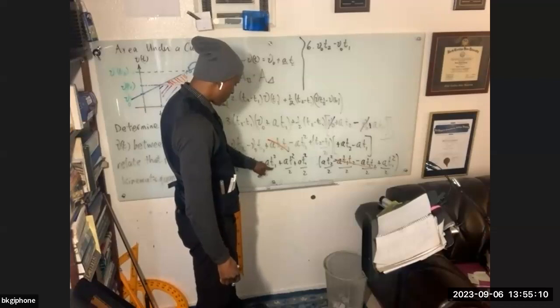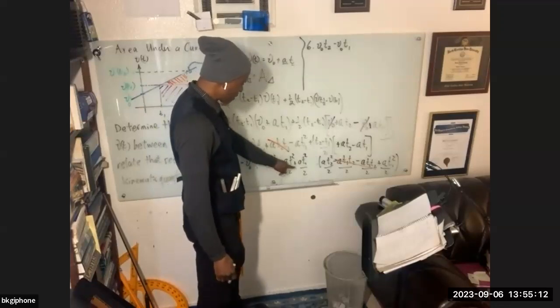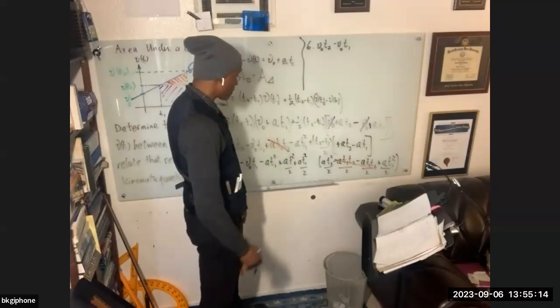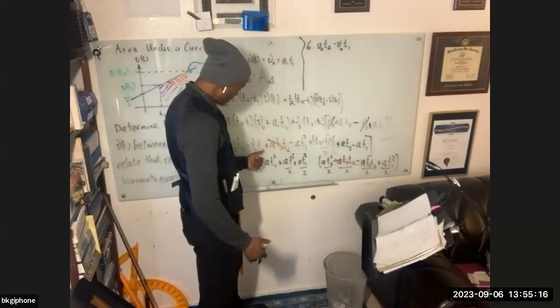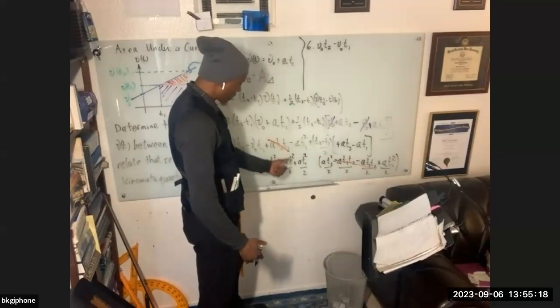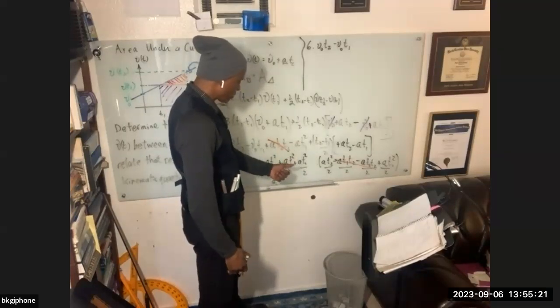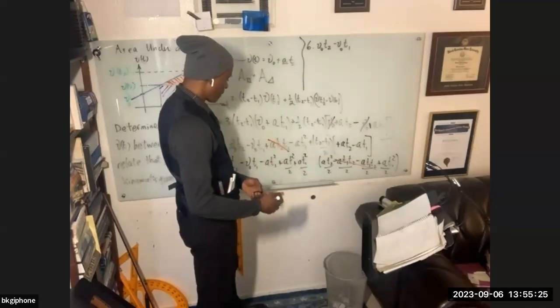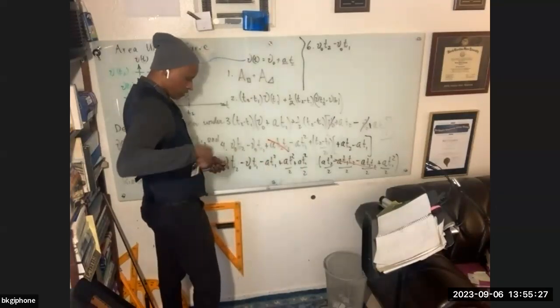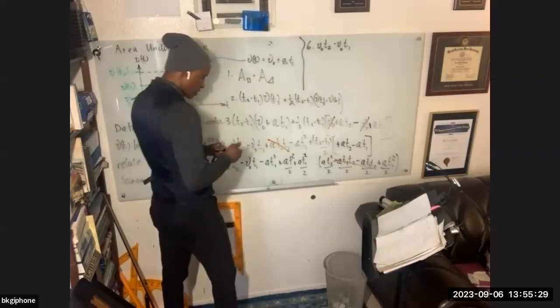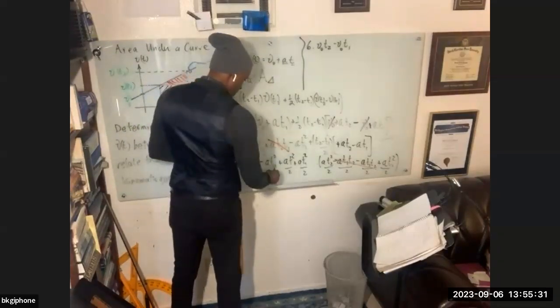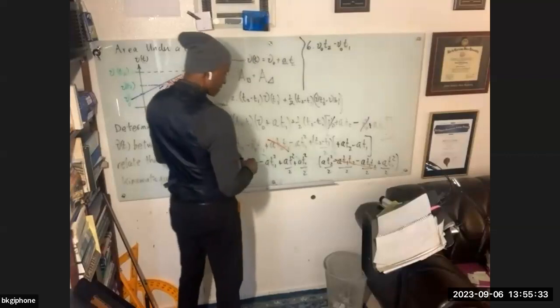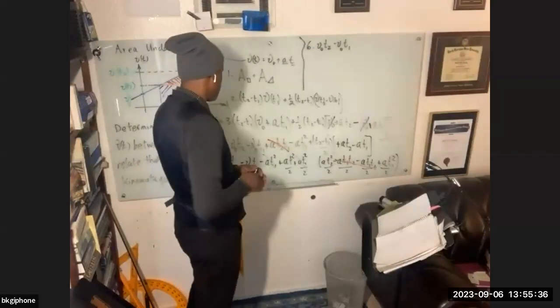So minus AT1 squared plus AT1 squared over 2 is a minus AT1 squared over 2. So adding these two terms, they'll go out, and what's left is a minus AT1 squared over 2.